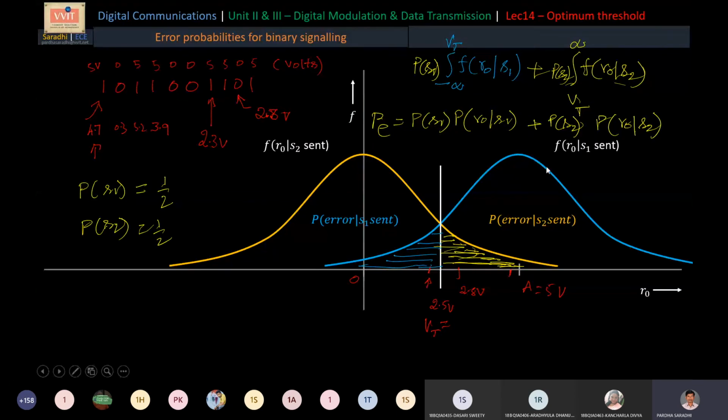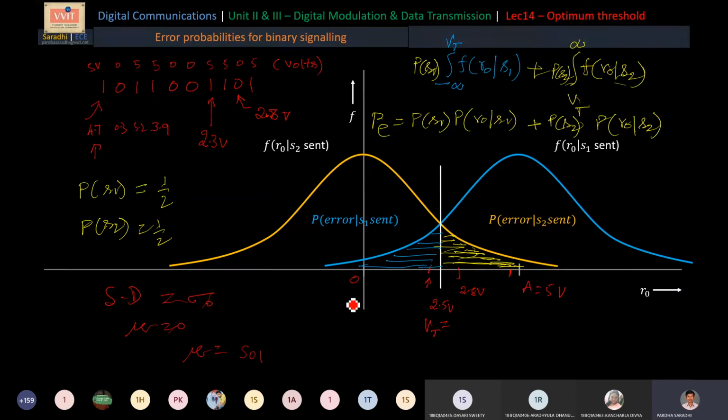So we have two Gaussian pulses, one is this, another is this. The standard deviation of both these Gaussian pulses is identical, equal to sigma naught. But this yellow Gaussian has its mean value equal to 0, and this blue one has its mean equal to some A volts, or S01.